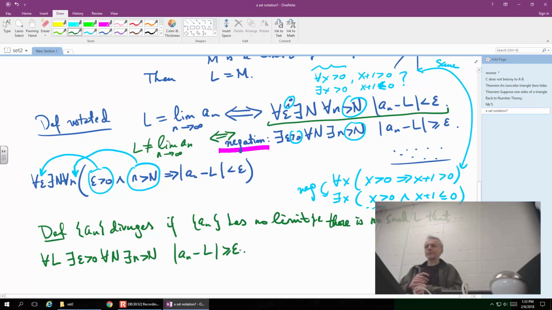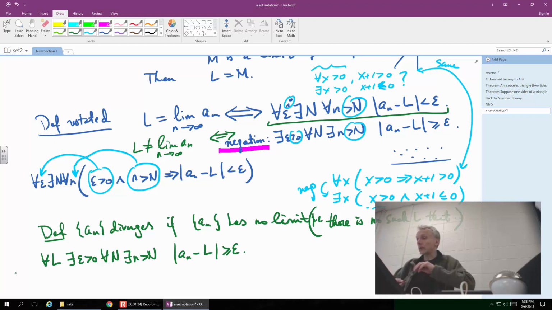So this is the translation of the definition of divergence. Every number L fails to be a limit of a_n. That's what we're trying to say here.